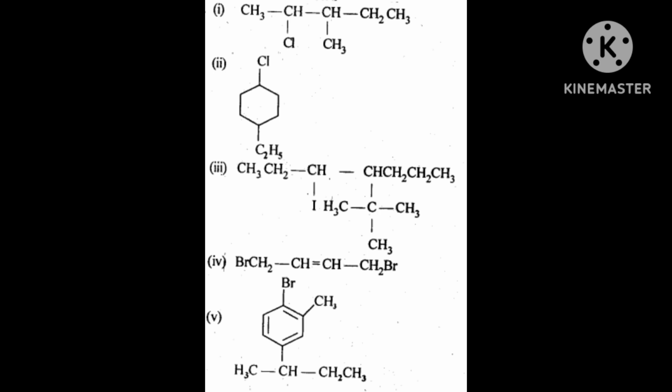In sp2, after the formation of sp2, 1 was left. That will take part in side-wise overlapping, and it will form 1 pi bond. And in sp, 2 have not taken part, then these 2 will take part in overlapping with other carbon.